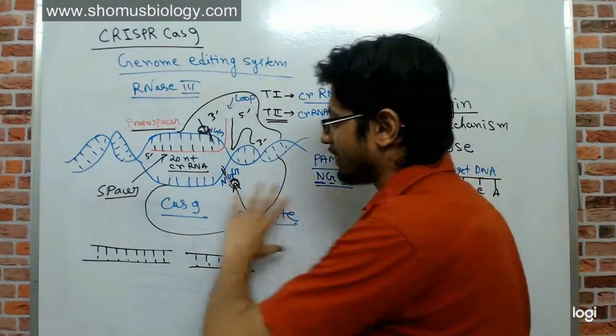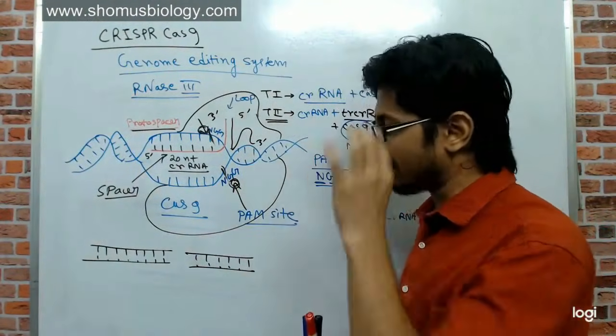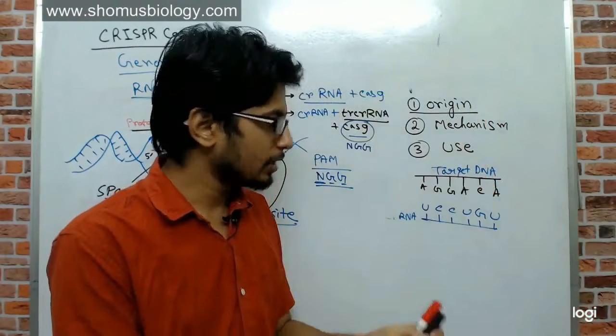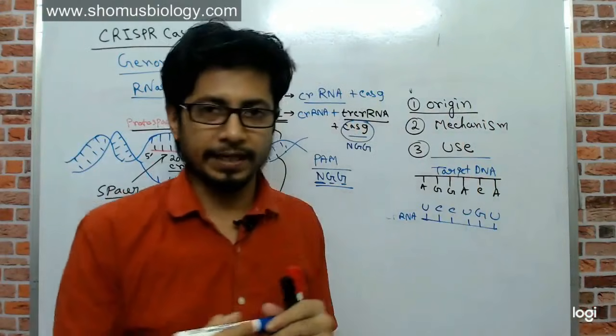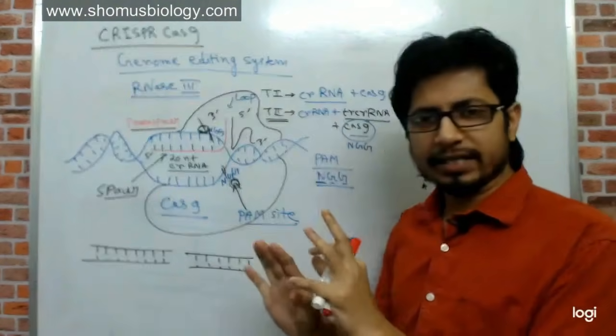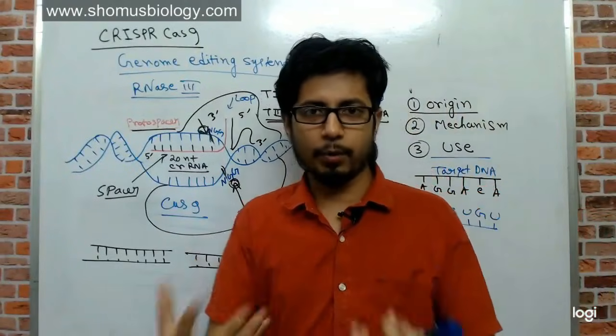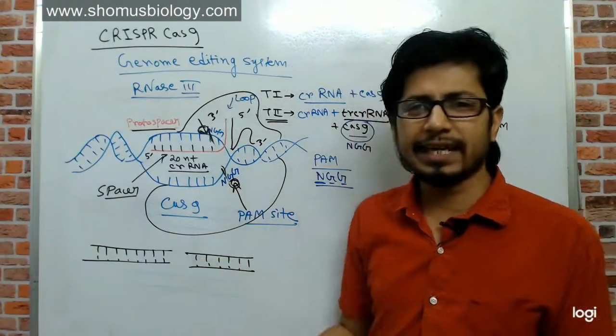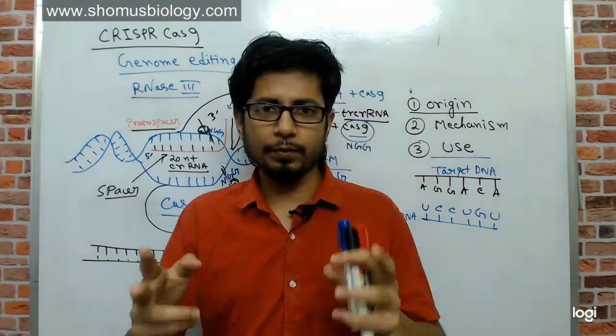Once this cleavage is done, we come to a very important point: the use of CRISPR-Cas9. In very simple terms, what is the importance of CRISPR-Cas9? Beyond this point, you can say that it can destroy the target DNA.